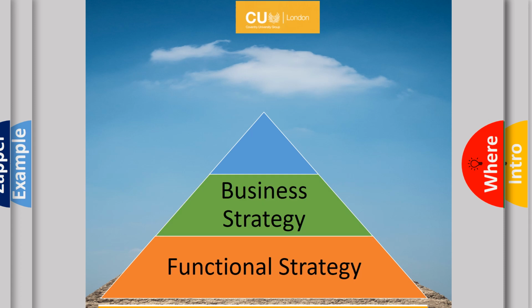In terms of the business strategy, we'll be using other models here, things like Porter's 5 forces, which you've looked at before, or the value chain, or the VRIO model. So these are some of the models in terms of the business strategy that will be looked at from the middle section of the pyramid.